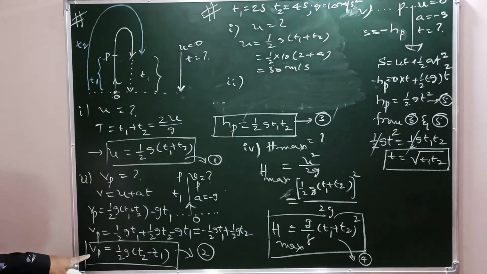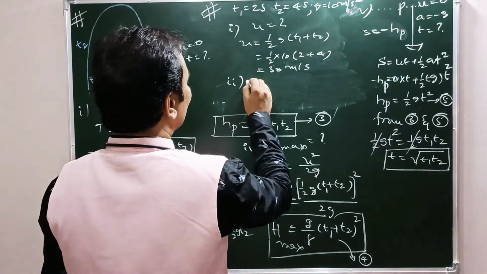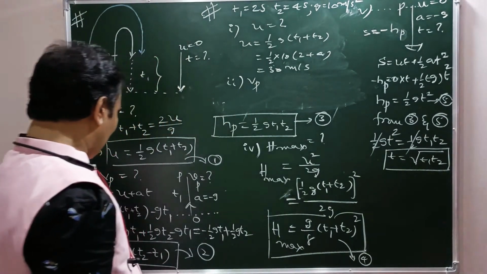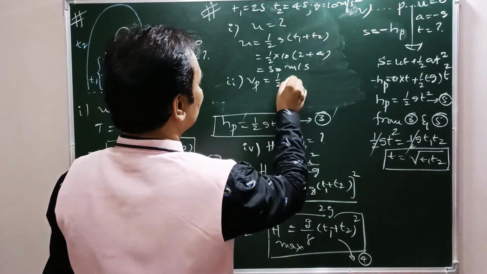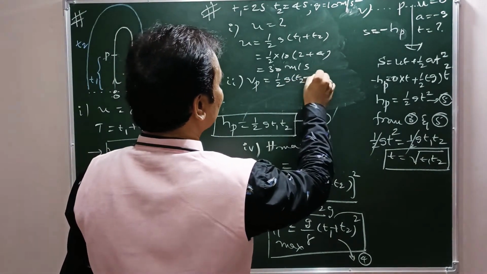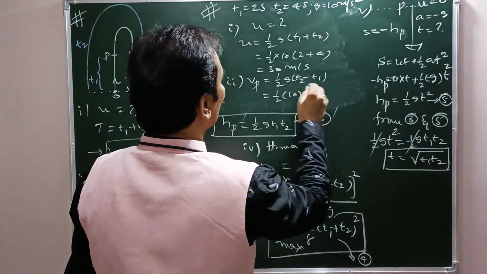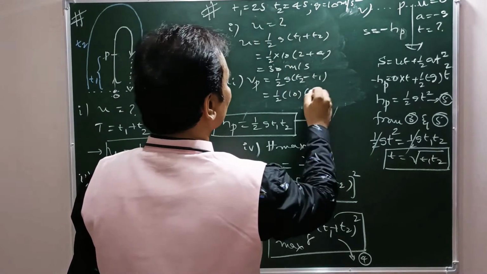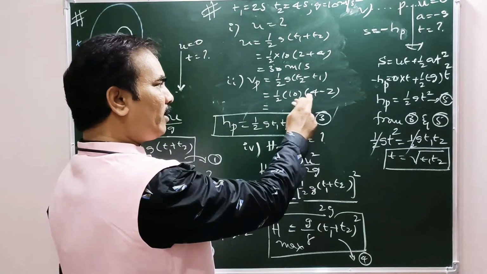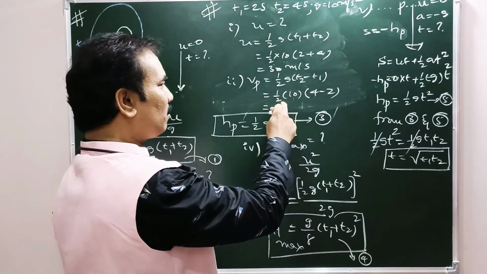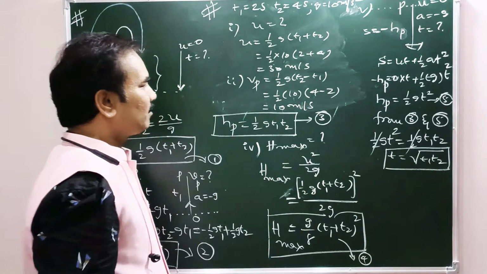What is the velocity at point P? Velocity at P equals half g (T2 minus T1). That is half into 10, times (4 minus 2). 4 minus 2 means 2, 2 into 10 is 20, by 2 is 10 meter per second.